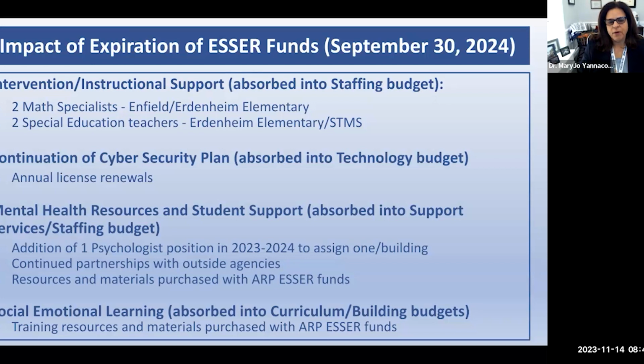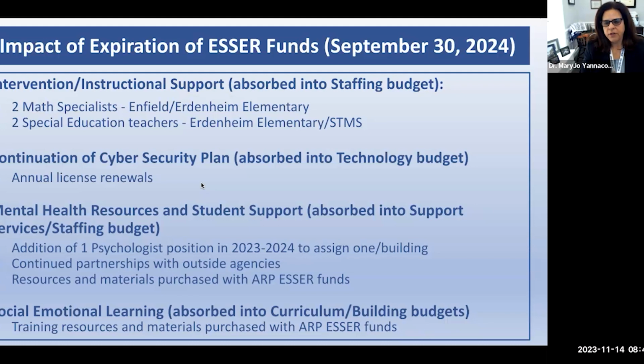This is probably the greatest challenge of Kara's budget plan for this coming school year, because we have the two math specialists at Enfield and Erdenheim, and the two special education teachers at Erdenheim in the middle school, who we have been funding through the ESSER dollars. And so it's our intention to maintain these positions, our caseloads, and the needs of our students at the elementary schools with regard to math intervention are suggesting that we need to continue to have these positions in place. And so we'll be absorbing that into the staffing budget.